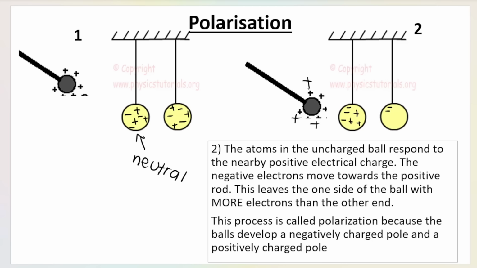That leaves this side of the ball more negative. The opposite side has a more positive charge because it doesn't have a lot of electrons. And that's called polarization, because the balls develop a negatively charged pole and a positively charged pole.